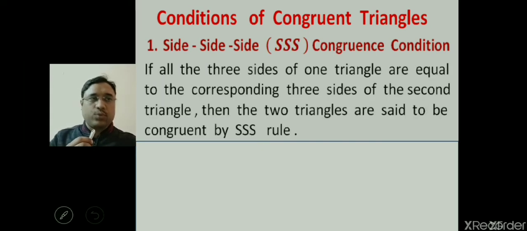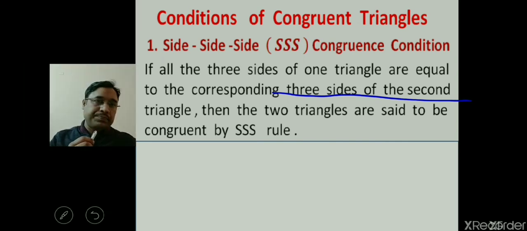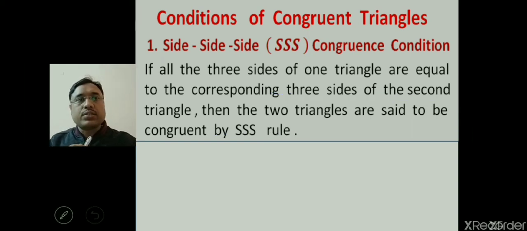You can define it like this: if all three sides of one triangle are equal to the corresponding three sides of the second triangle, then the two triangles are said to be congruent by this rule, side congruence condition or side congruence rule.